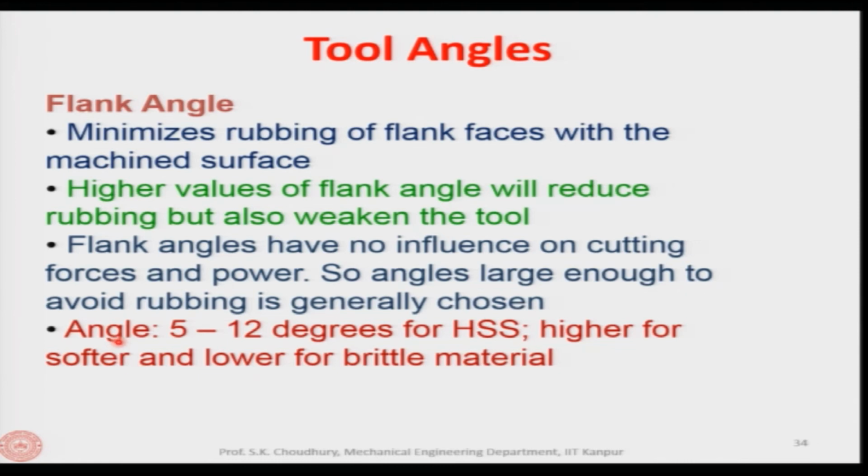The normal recommendation is between 5 and 12 degrees for high speed steel, and within that, higher values for the softer workpiece material and lower values for the brittle workpiece material. You understand those reasons we have already given in the case of the rake angles. The tool is getting thinner, and tool material is less available for heat conduction. This remains the same argument in the case of the flank angles also.